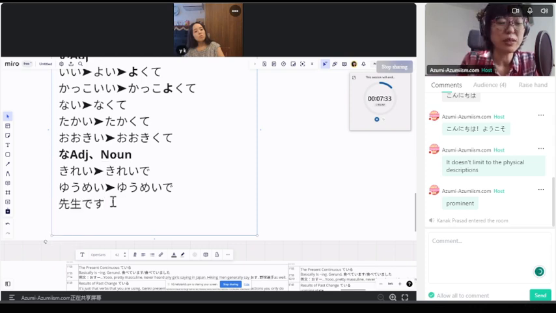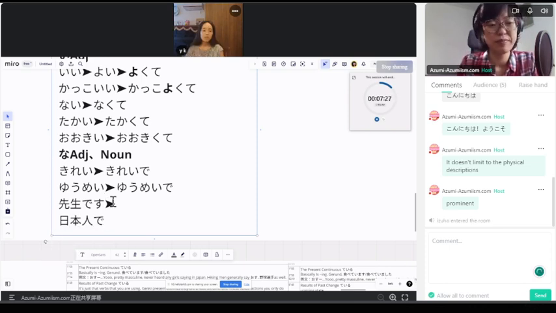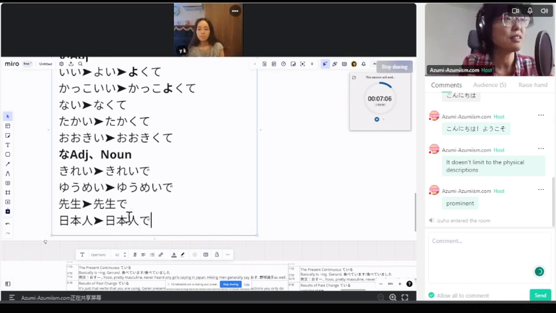So, for example, 先生です becomes 先生で. 日本人です becomes 日本人で. And you can connect the sentence.